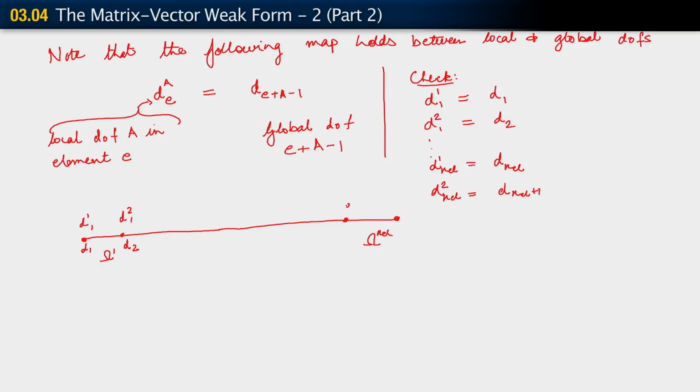The local degrees of freedom here are D^NEL_1 and D^NEL_2, and here we have D_NEL, D_{NEL plus 1}, right? Makes sense. We have one node more than the number of elements, right? The total number of nodes is one more than the number of elements, and that is borne out by the way things work out here. Okay. All right, and of course the same thing holds for the other ones also.